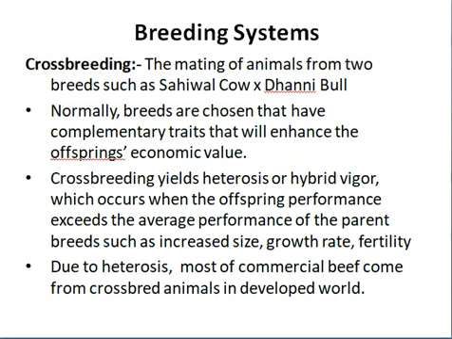Therefore, in beef cattle in the developed world, most of the commercial beef comes from crossbred animals, because crossbred animals grow better than the average of their parents.